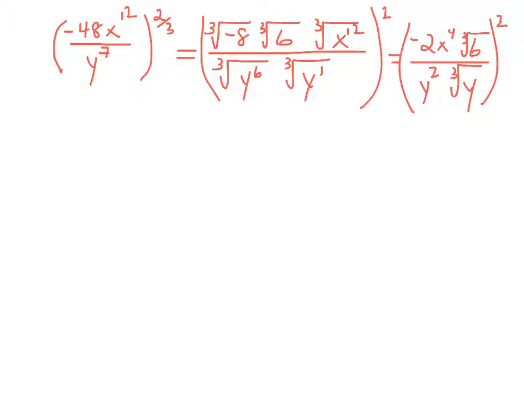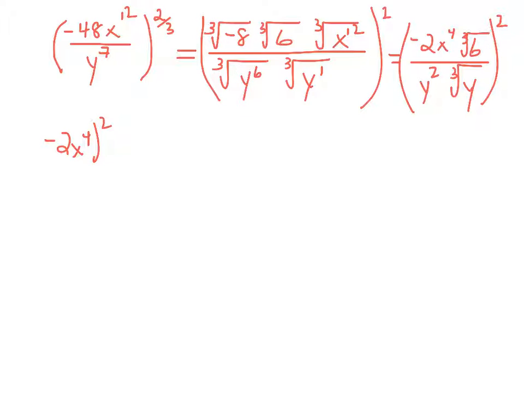Okay, all right, now what I'm going to do is square everything that I have inside these parentheses here. Okay, so if you look right over here, I'm going to square this, and then I'm going to square this. Okay, I'll just start with the numerator. So let's go back to that, and I'm going to do negative 2x to the 4th.